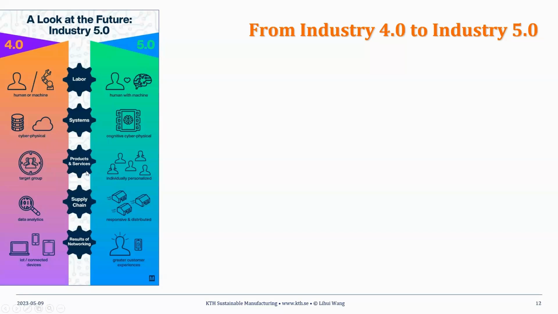At the product and service level, we focus more on individual, personalized services and products. On the supply chain level, we focus on a responsive and distributed supply chain. In the past, we normally focused on data analytics to figure out supply chain management, pretty much driven by data.